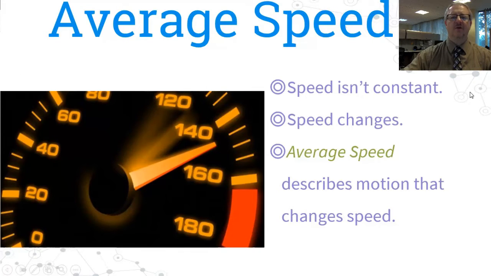When we're looking at average speed, we do so because we know that speed isn't a constant. Speed changes all the time. So we have to calculate the average of those speed changes to come up with a speed. Average speed describes motion that's changing in speed all the time.